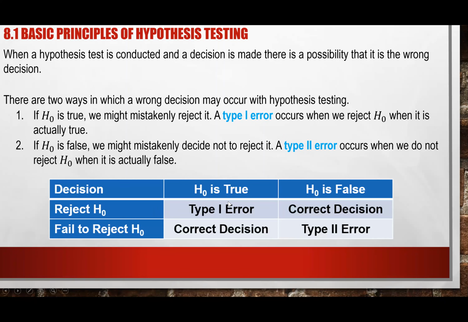And type 2 error happens when you set a criminal free, meaning we cannot prove whatever crime he did, so we let him go.